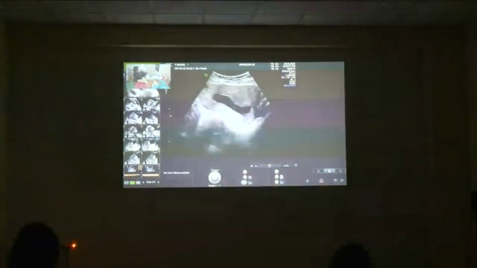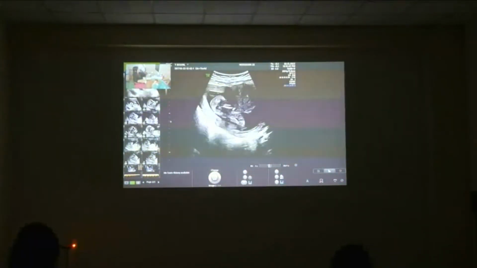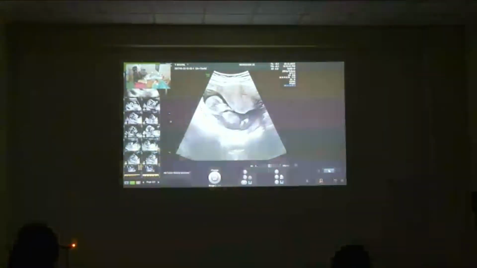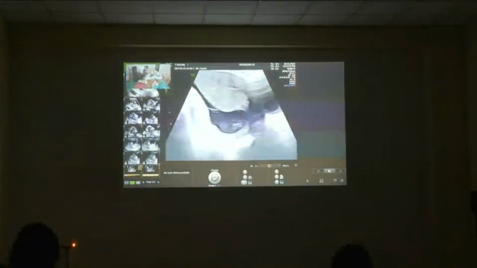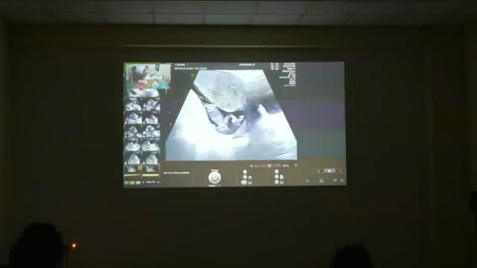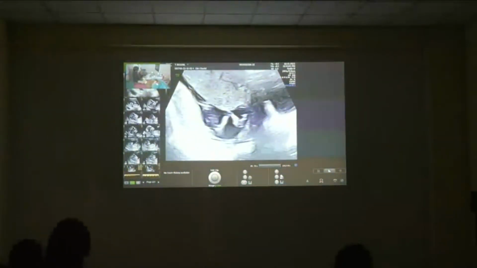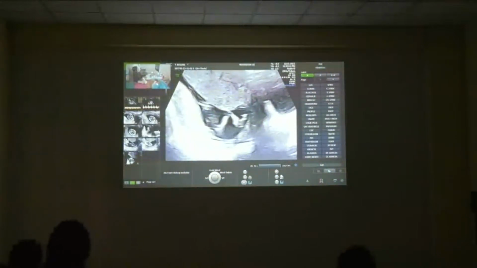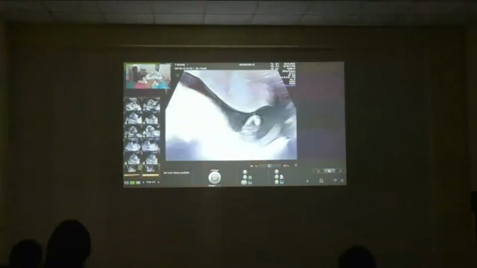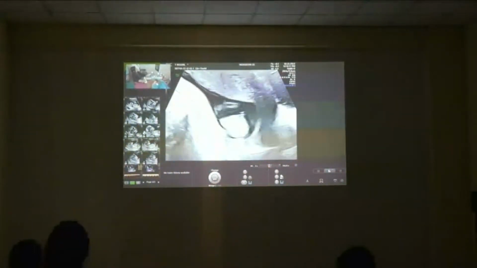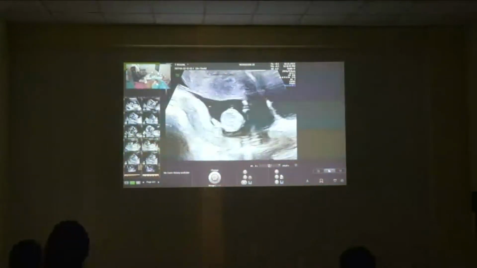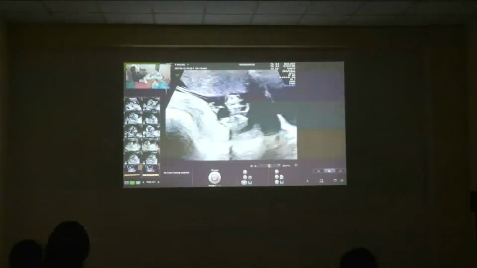So we document the two limbs. They are being bent. So we can see the two limbs and the angulation between the leg and the feet. The angulation between the leg and the feet is also normal. So these are the lower limbs. And this is one upper limb with the fingers.